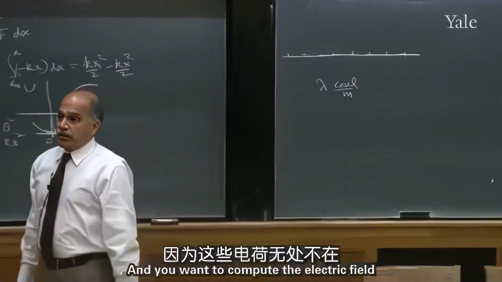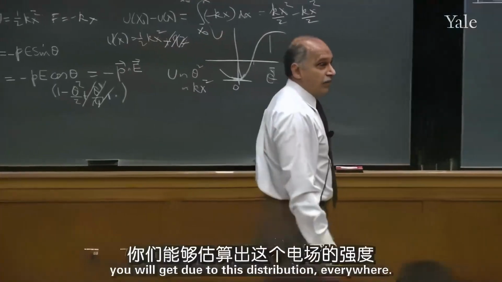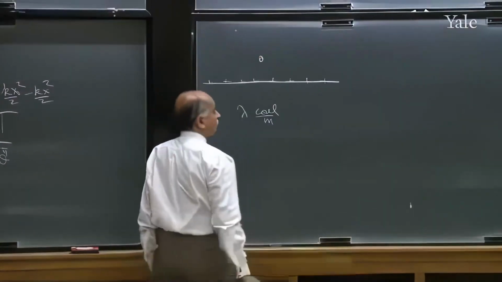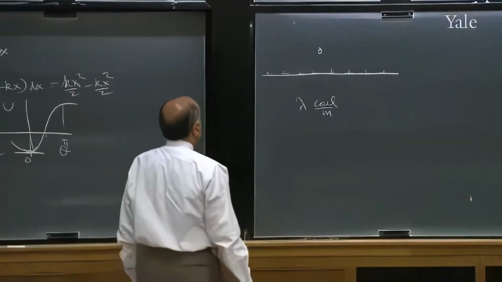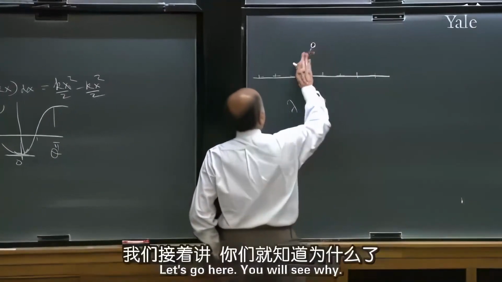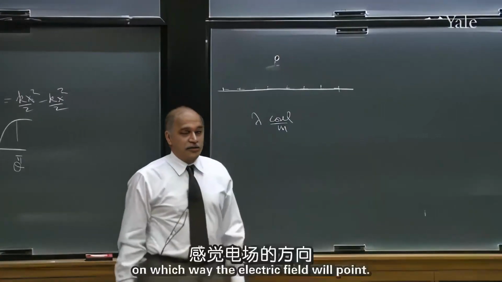And you want to compute the electric field you will get due to this distribution everywhere. So you want to go somewhere here and ask, what's the electric field? That's what we're going to do. Okay, let's go here. You'll see why. Now, first of all, you've got to have an intuition on which way the electric field will point.